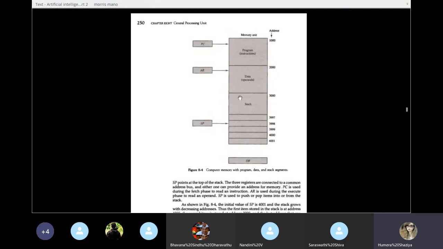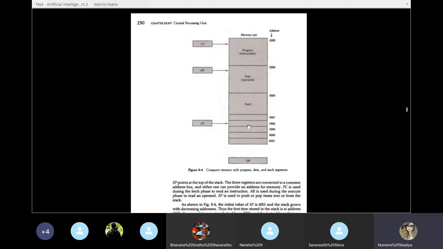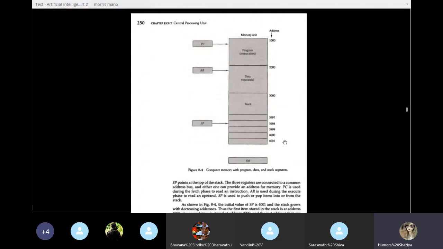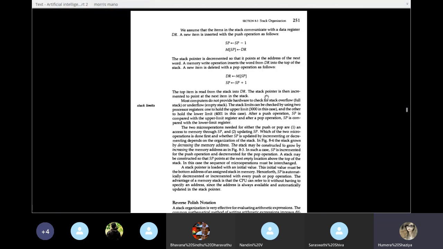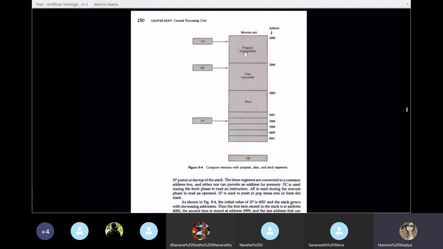And this is the area called the stack, which will function as last in first out. And this is the stack pointer, and this is the entire stack starting with 4001, 2, 3000. These are the addresses of the stack. So this is a computer memory divided into different areas: program, data, stack.